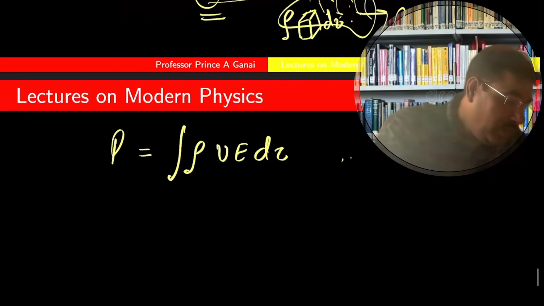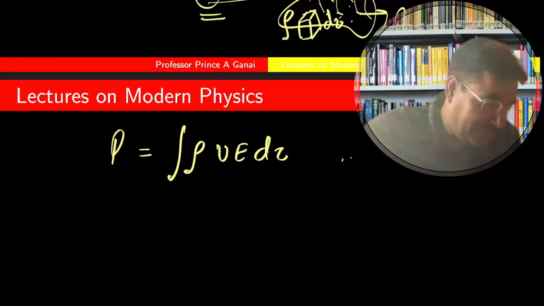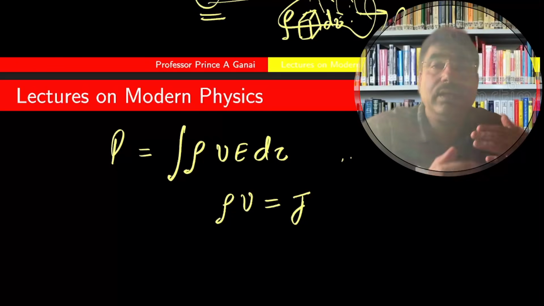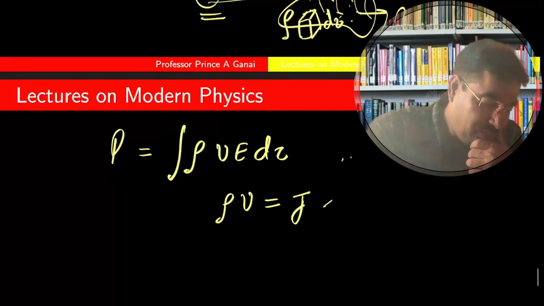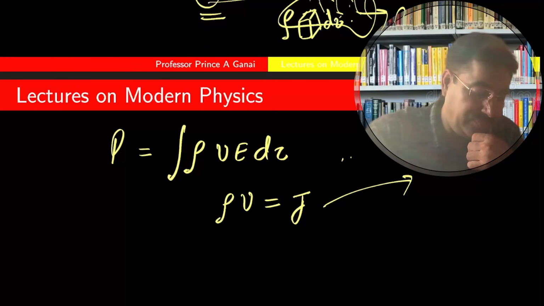Now, what do you recognize here? You recognize that rho V is equal to J, the current density. That you can justify, and it is very simple.